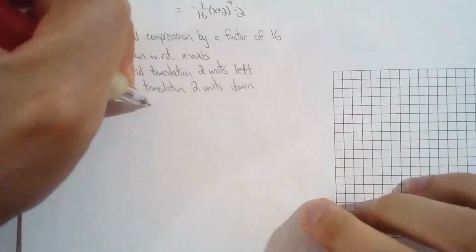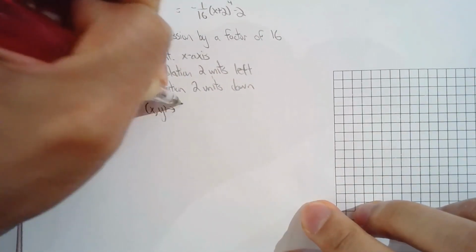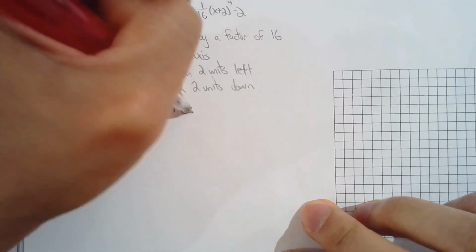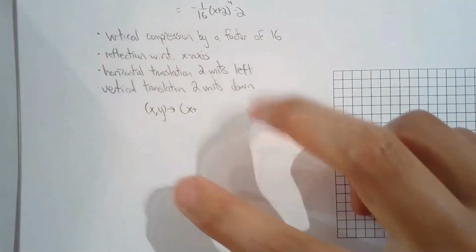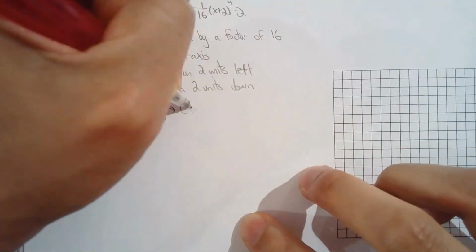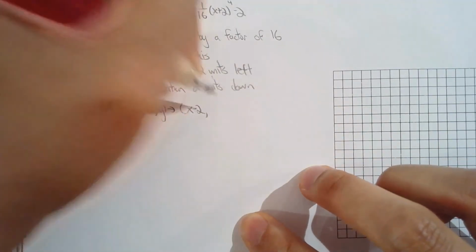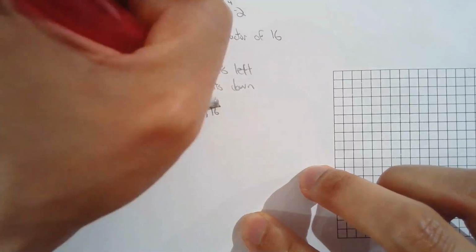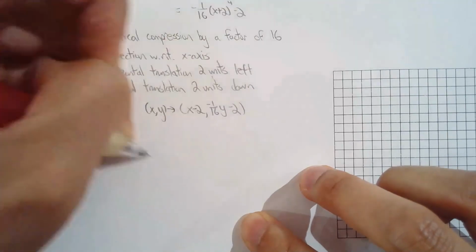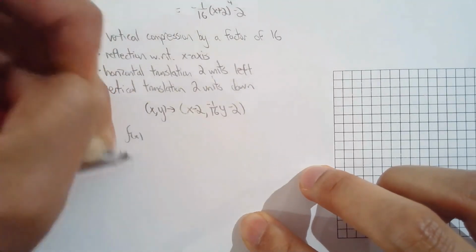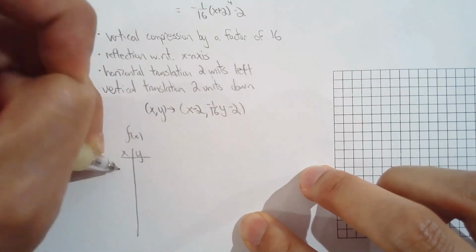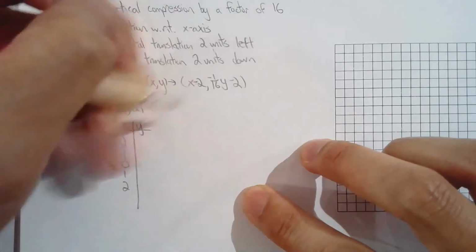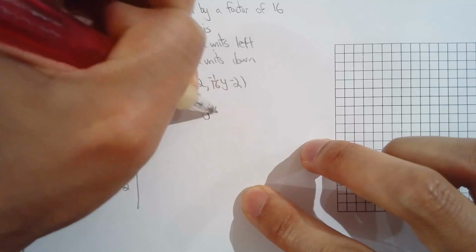Okay, mapping rule. So let's see, x minus 2, and then negative 1 over 16, y minus 2, of x, center of the graph, and then g of x.